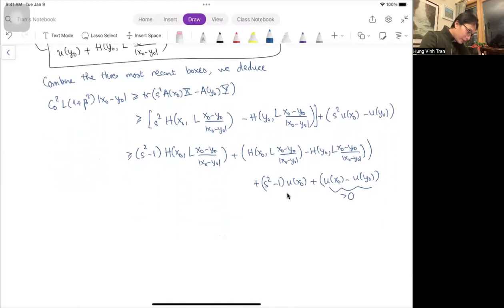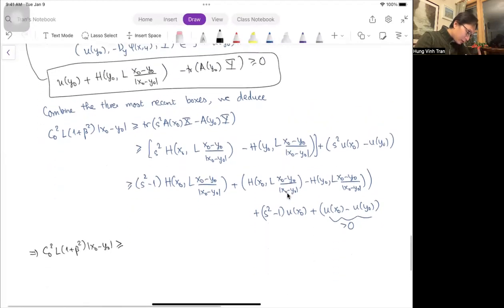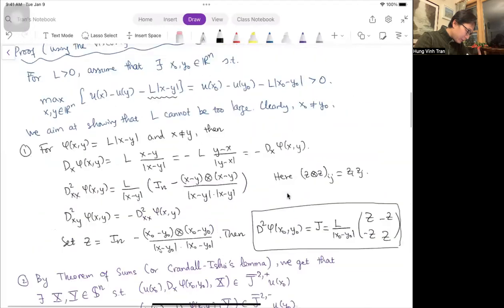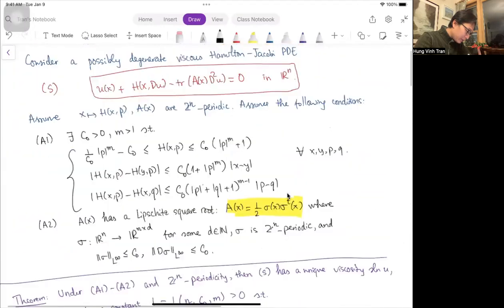Okay, so this implies the c naught square L 1 plus beta square x naught minus y naught is going to be greater than or equal to, let's write s squared minus 1 first. Let me show you the assumption again for a couple of seconds so you remember.